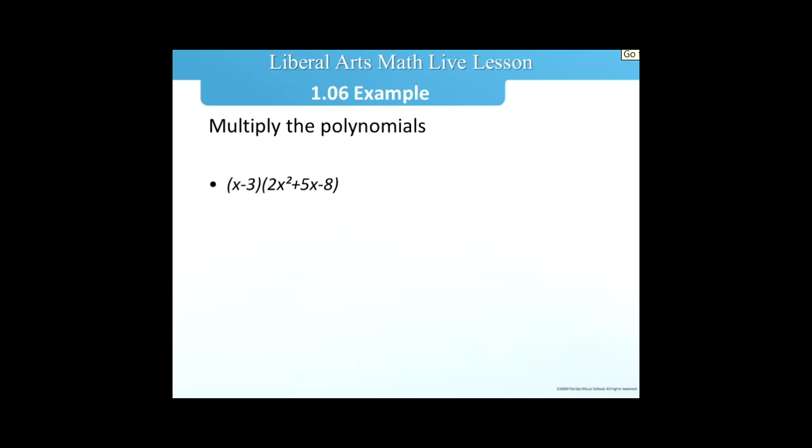That's the same thing as taking this x, distribute, then minus 3, distribute. And that's what we're doing here. So now we're going to distribute x to everything in the second one. Then we're going to take negative 3 and distribute it to everything in the second one.